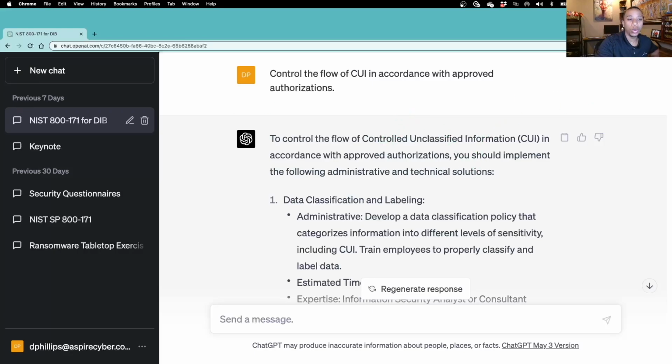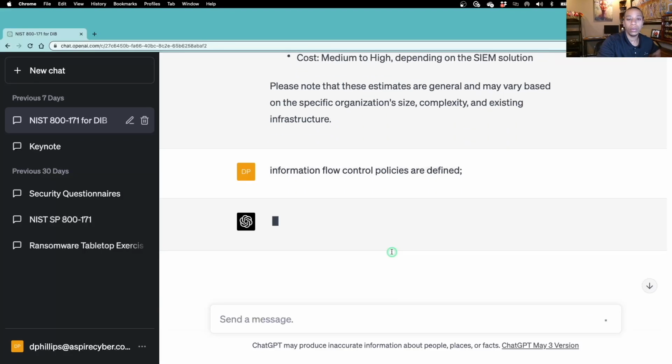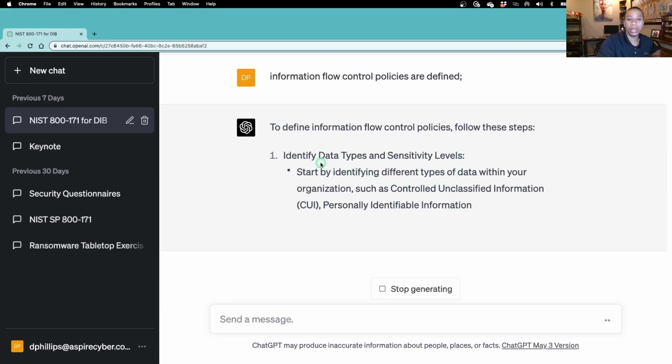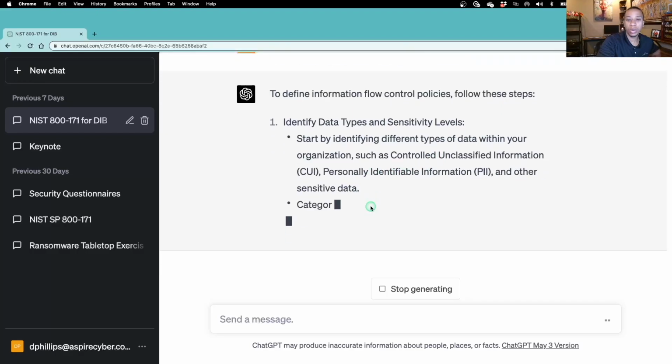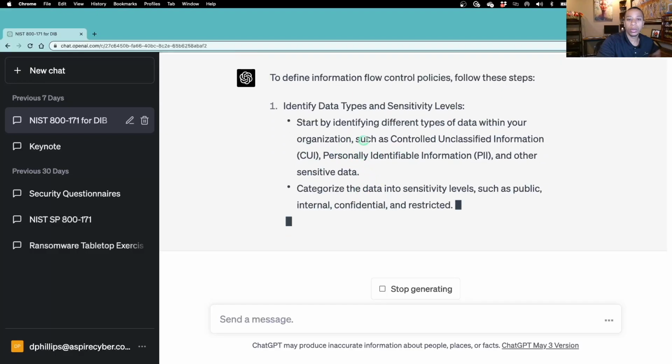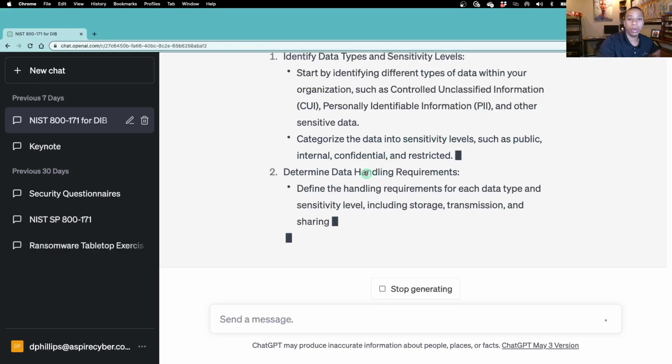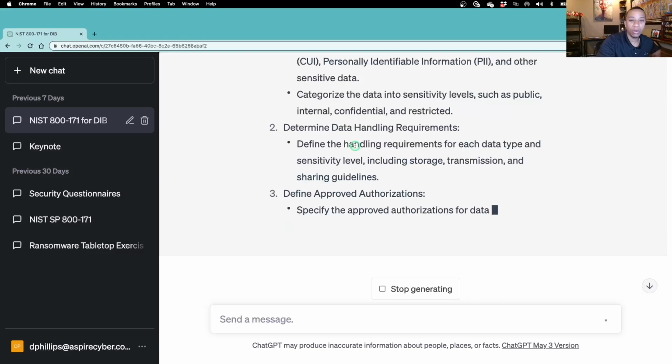Now we're going to delve into the actual assessment objectives. The first of 5 assessment objectives for 3.1.3 is that information flow control policies are defined. Follow the steps: identify the data types and sensitivity levels. So we have the CUI, personally identifiable information, commercial customer information, and employee information.